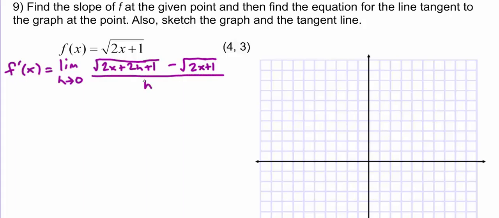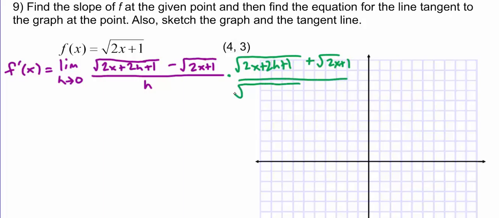Now you probably know what I'm going to tell you to do next because we've done this quite a few times. Use the conjugate. So here we go, the square root of 2x plus 2h plus 1 plus the square root of 2x plus 1, all over the same exact thing.